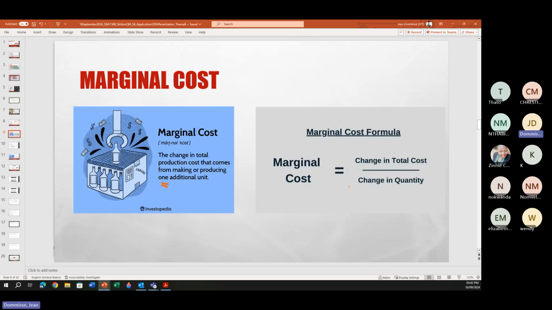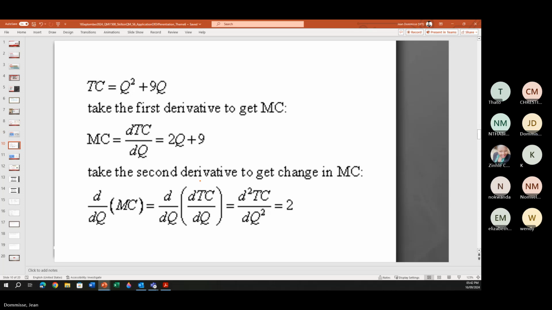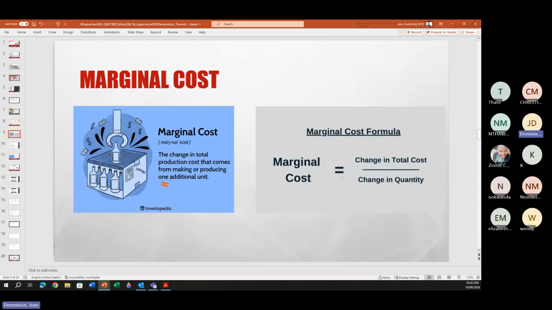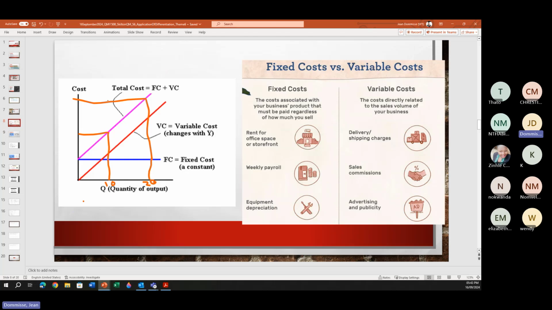Another way to get to that marginal cost is to look at your total cost function and differentiate that total cost function. What we will in actual fact differentiate is the variable cost.